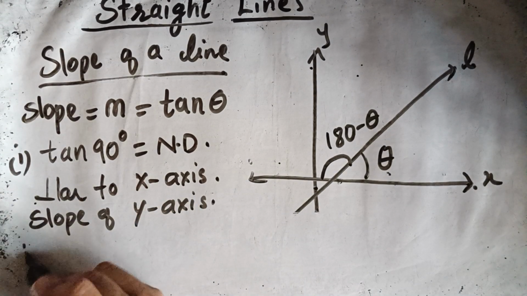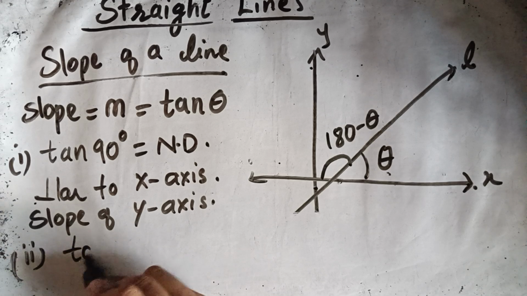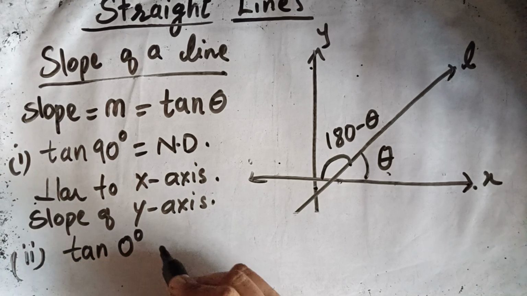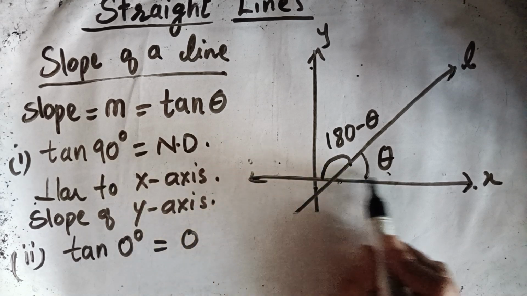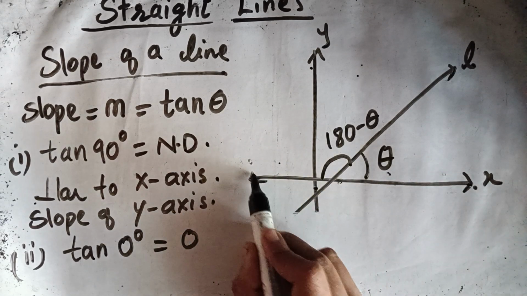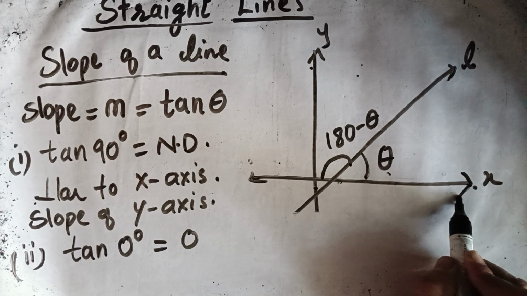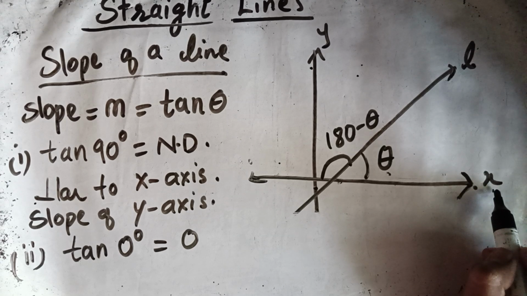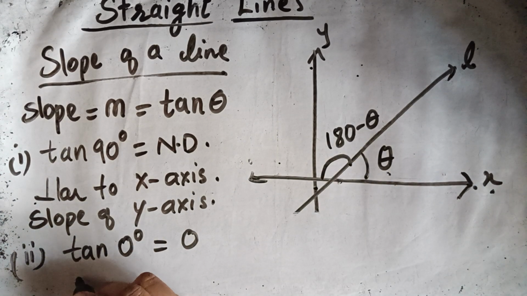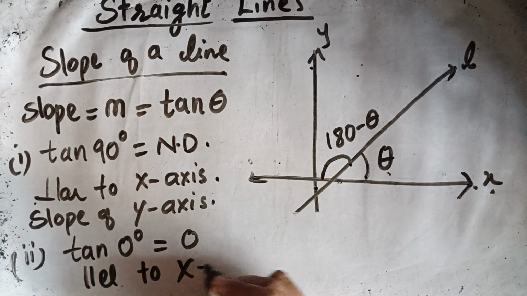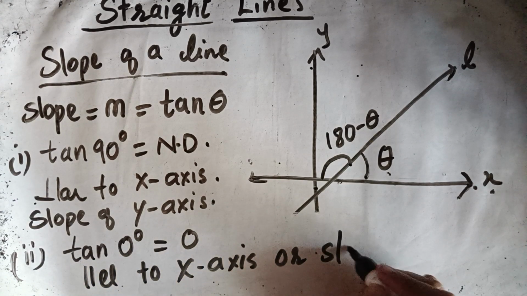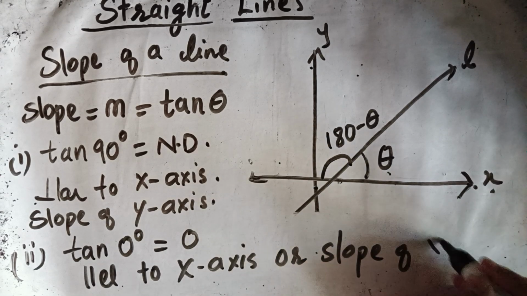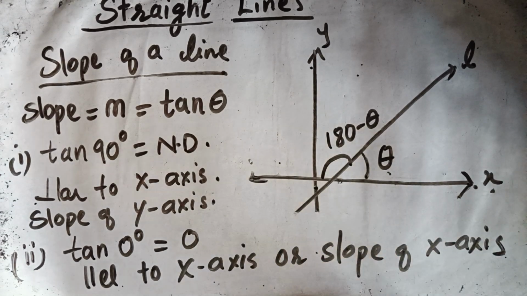In the same way, if you take tan of 0 degrees, tan of 0 is 0. So what does tan of 0 degrees mean? The line is parallel to the x-axis, that is, it is the x-axis itself. So the line is parallel to the x-axis, or we can say that the slope of the x-axis is 0.